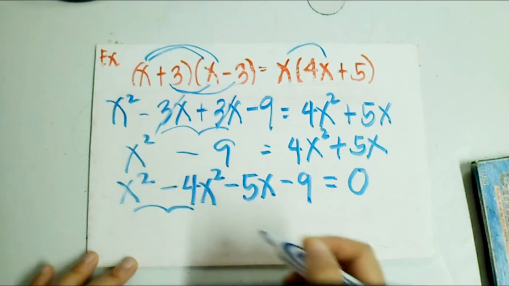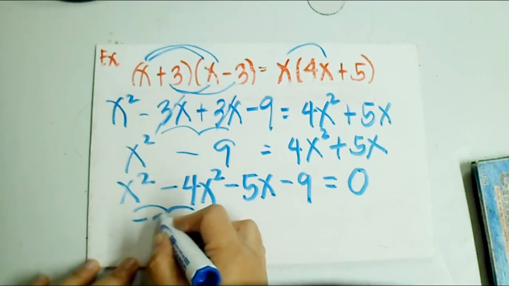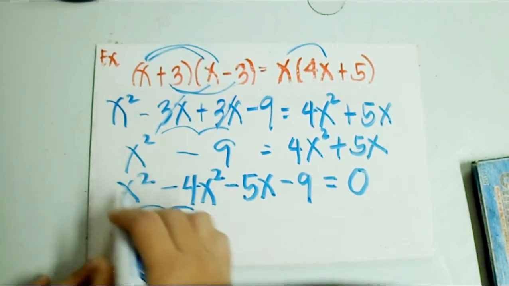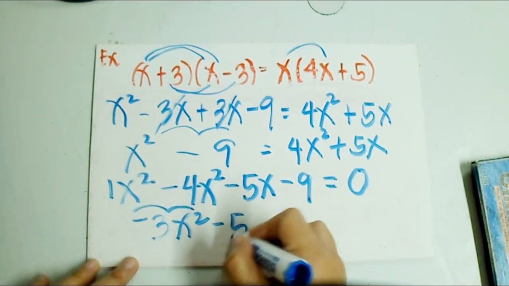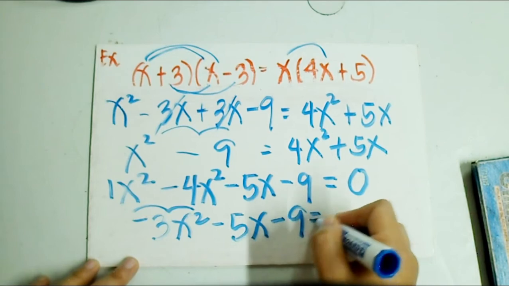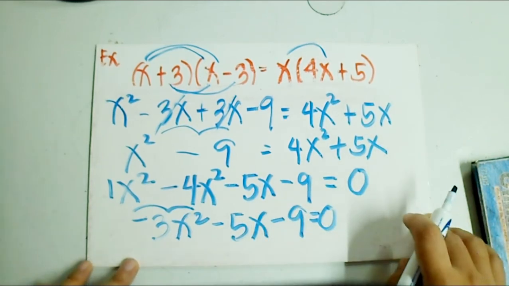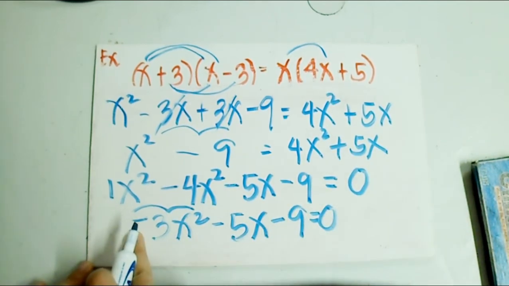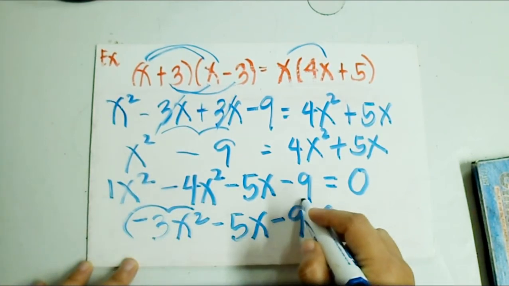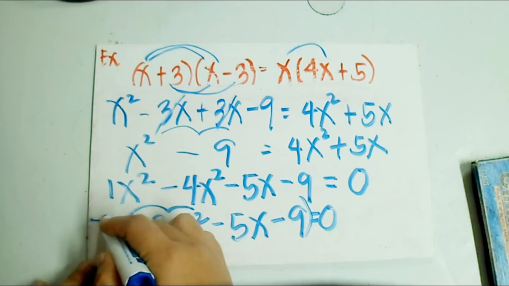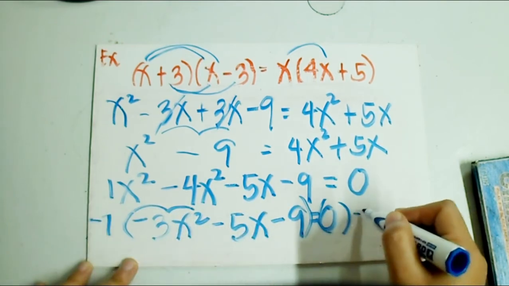We can combine this. We have negative 3x squared, because 1 minus 4 is negative 3, minus 5x minus 9 equals 0. Now, since our a is negative, we can multiply both sides of our equation by negative 1.